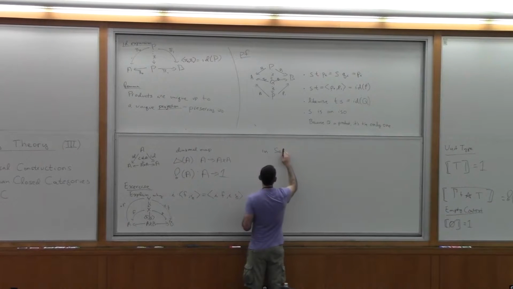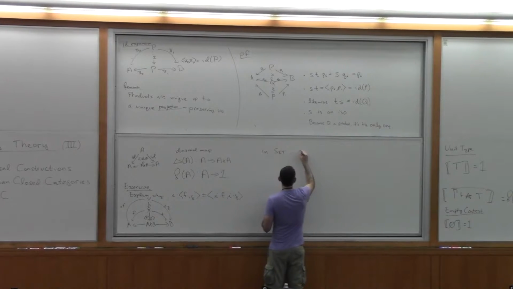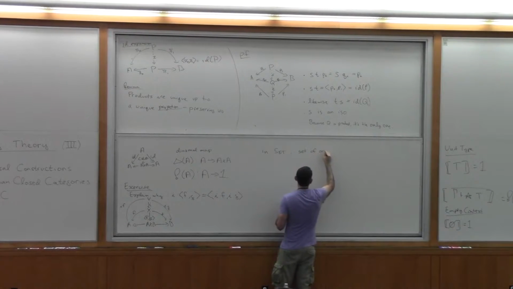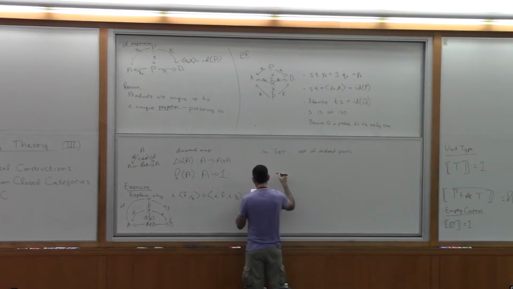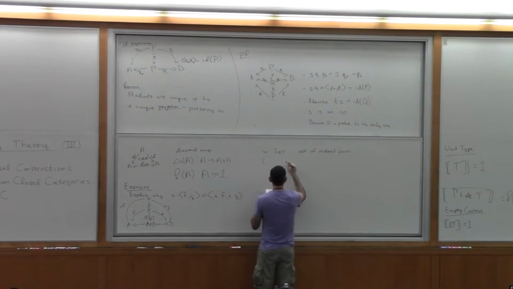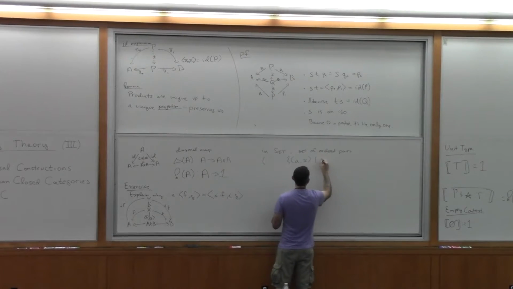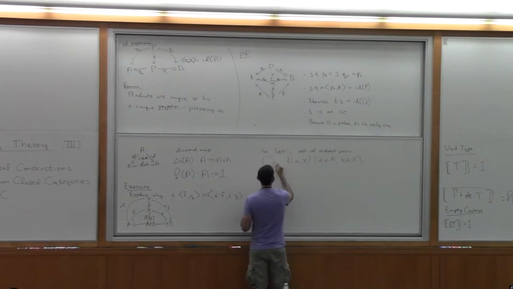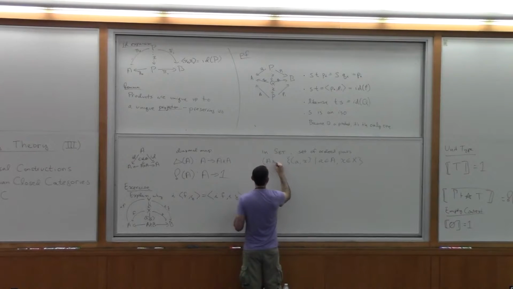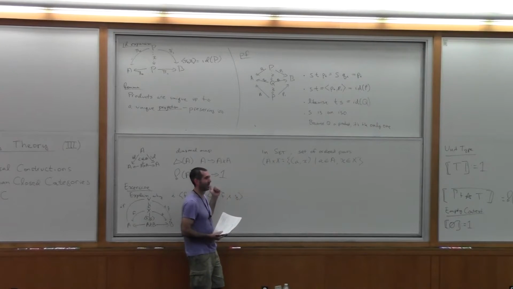So in Set, the set of ordered pairs, which is just what you think it is, is a set of pairs A and X, where A comes from the set A and X comes from the set X. You should check that the set of ordered pairs is a product in Sets.